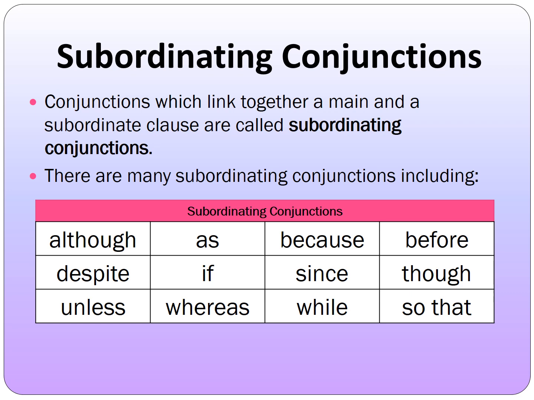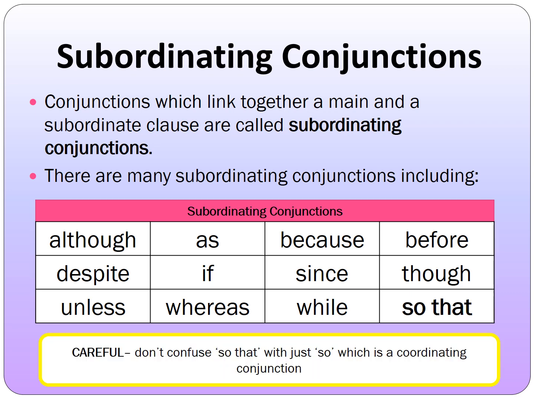What other ones can you think of? It's important to remember that so that is a subordinating conjunction. However, so on its own is a coordinating conjunction, so you must not confuse the two.